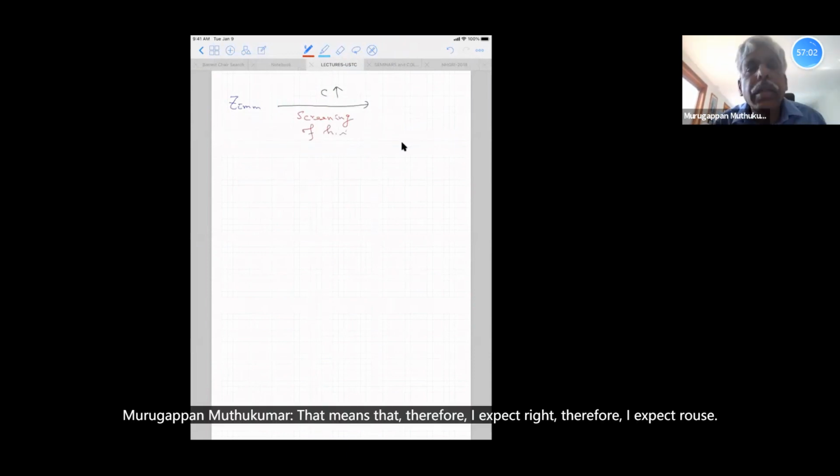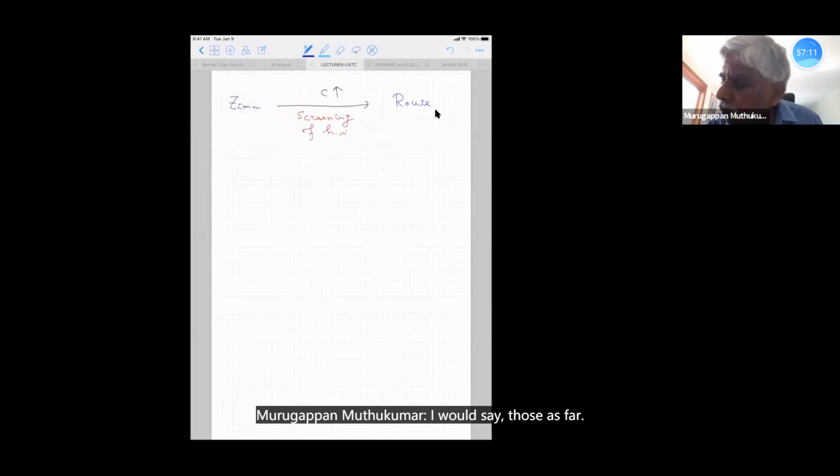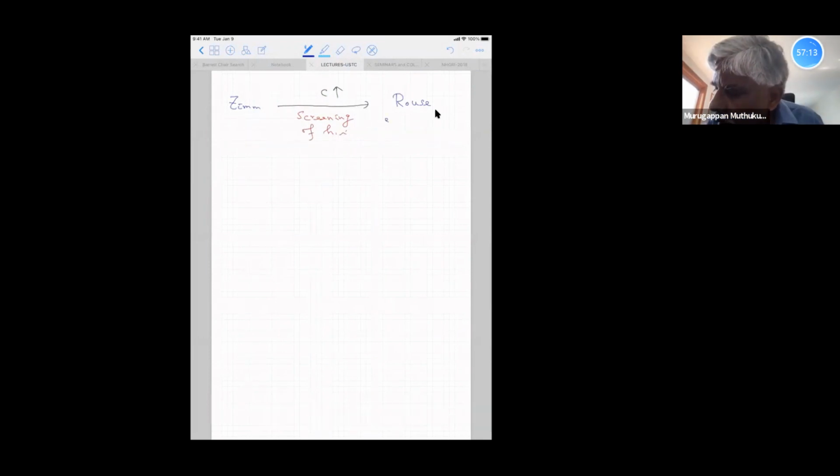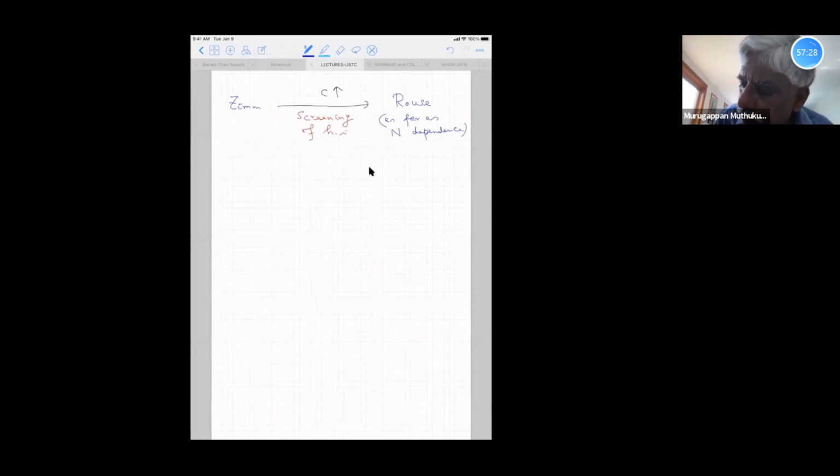That means, therefore, I expect Rouse, as far as N dependence. Okay, that's what I would expect.